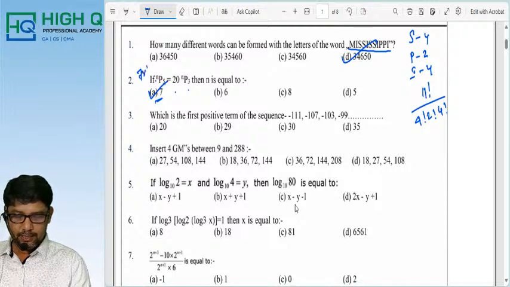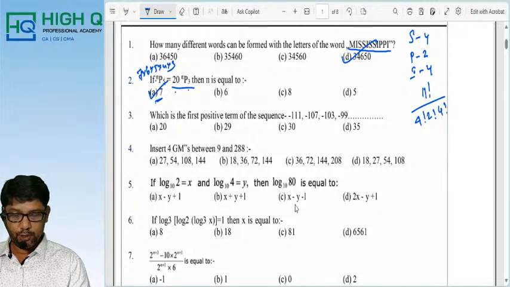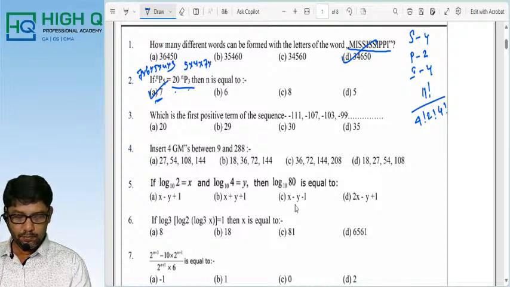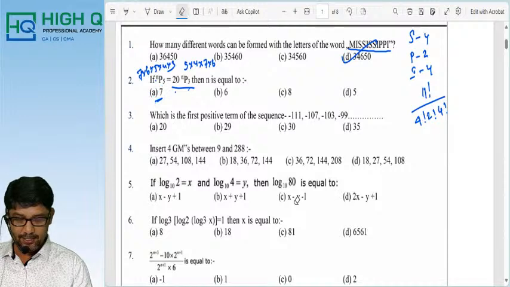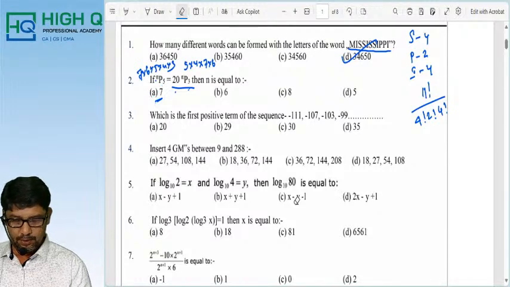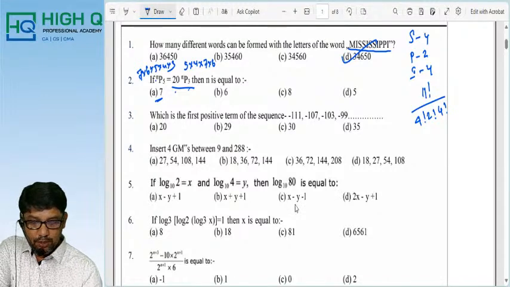7P5 is 7 into 6 into 5 into 4 into 3. 20 times 7P3; 20 I can write as 5 into 4. What is 7P3? 7 into... Sorry, 7 is not possible. I'm trying with 7, but 7 is not happening, so let us go for 8.